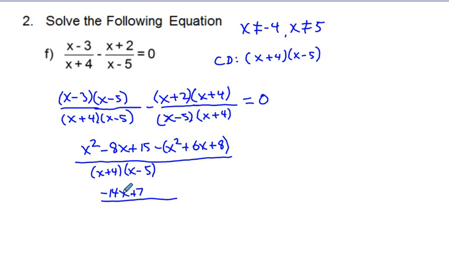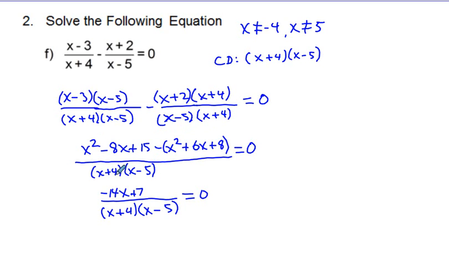So we have negative 14x plus 7 over quantity x plus 4, x minus 5. And that's still going to be equal to 0. See, we've maintained our 0 throughout.